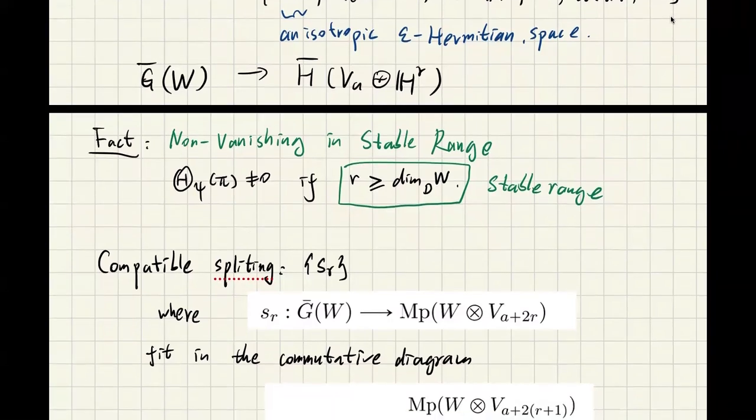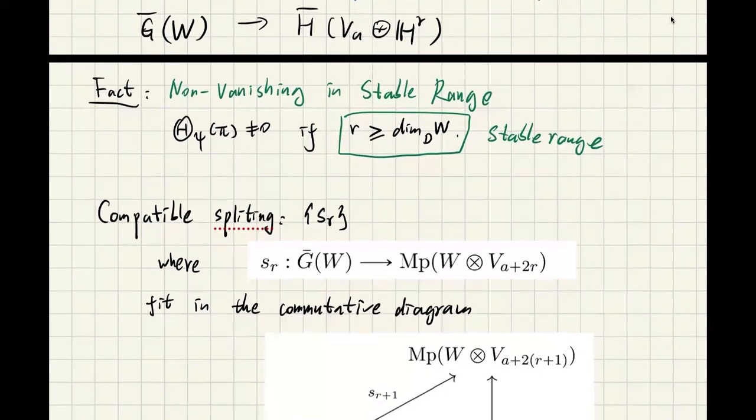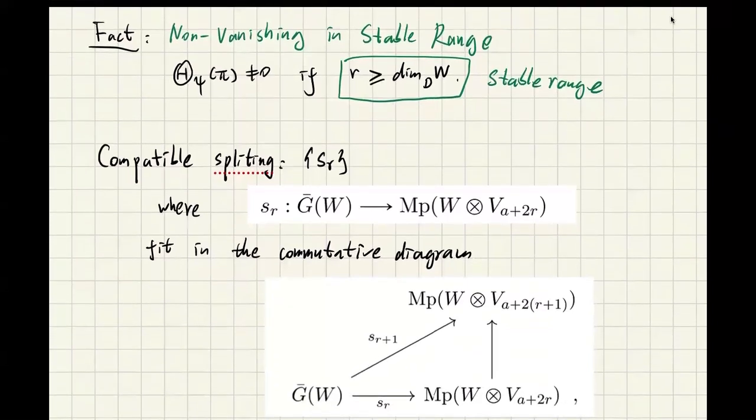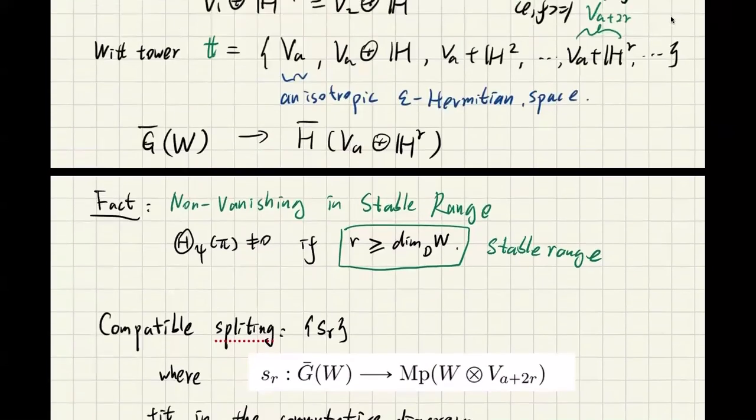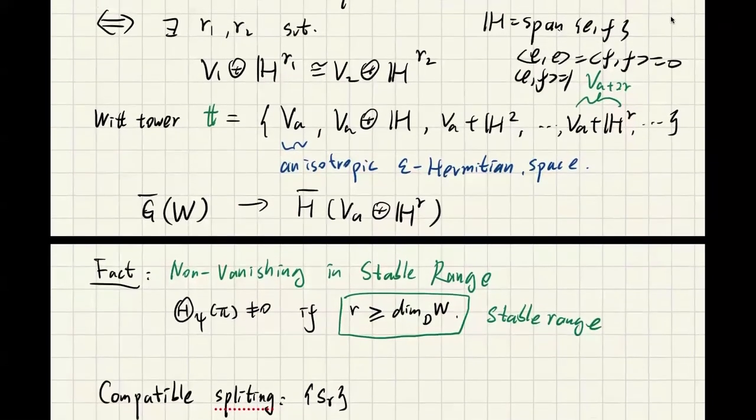If you are interested, you can read the GKT book. So this is one fact, but we also would like to let this R change, to see different liftings of the same representation pi to different groups.